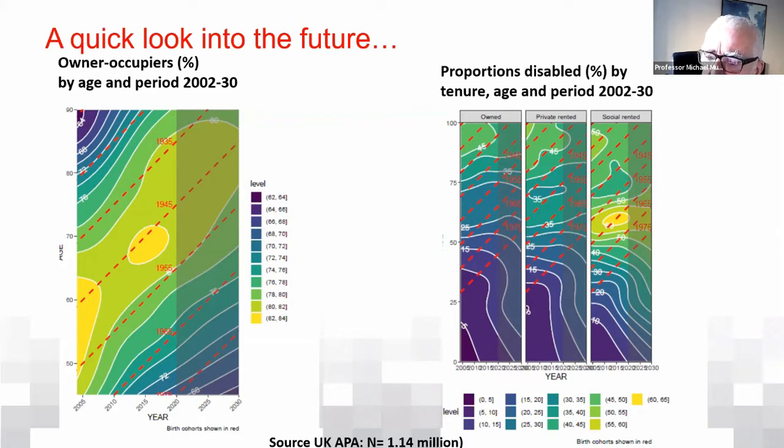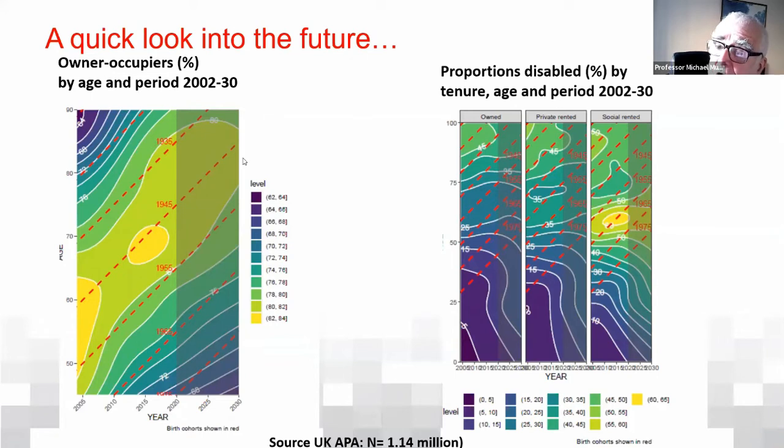This is some data using what's called the Annual Population Survey in the UK. It's based over a 20-year period, 2004 to 2020. It's got a total of 1.14 million respondents in it, so it's quite a big survey. And this shows, first of all, the proportion of owner-occupiers in the UK by age and period over this period.